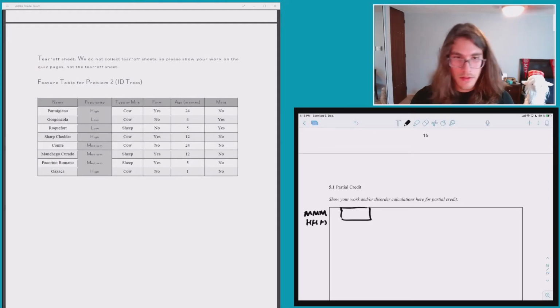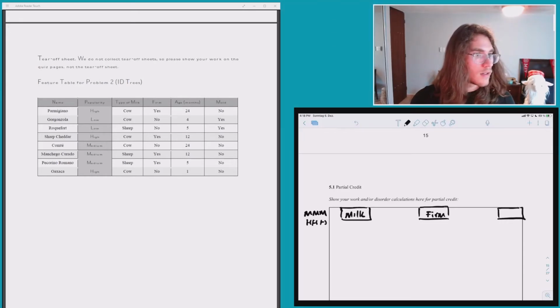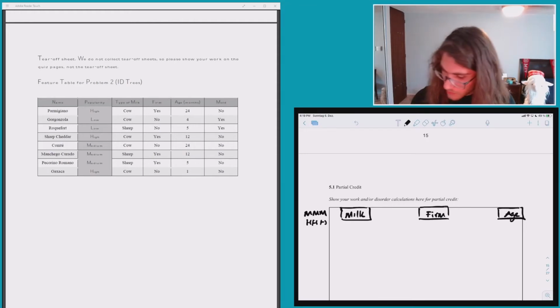And I need to conduct 3 tests. The type of milk, whether it's firm or not, so the 2 for which we calculated disorders earlier, and then the age. Type of milk, either cow or sheep.